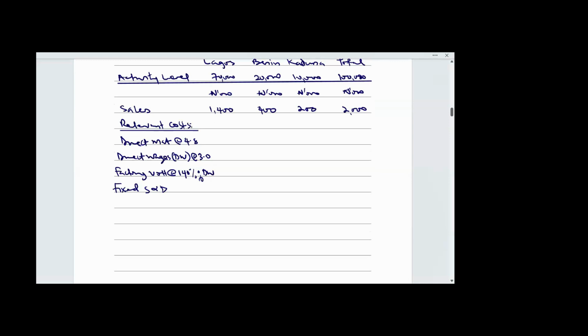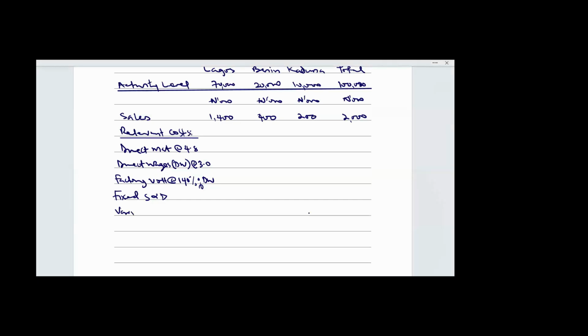Is it selling expenses or fixed selling and distribution? Selling expense. So we are told the variable cost of selling expenses and distribution is incurred by the depot. Okay. So fixed selling expenses, that's that. Then we also have variable selling and distribution.